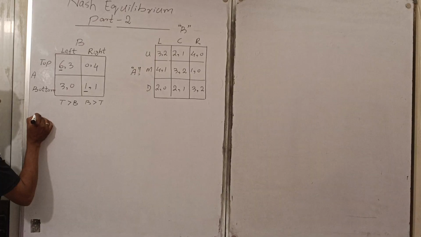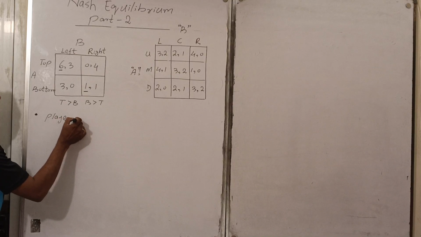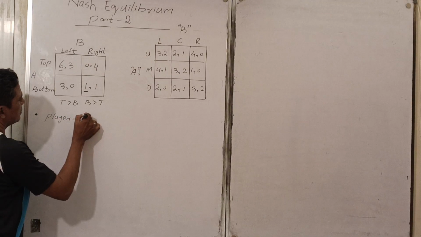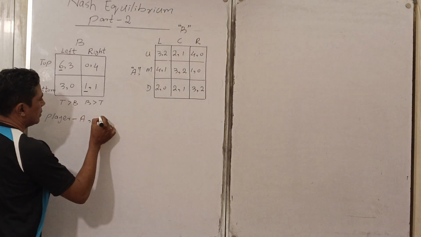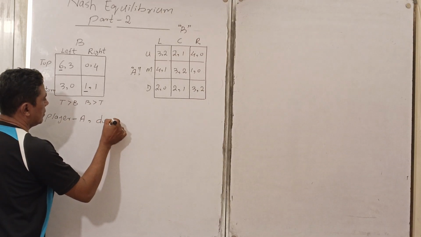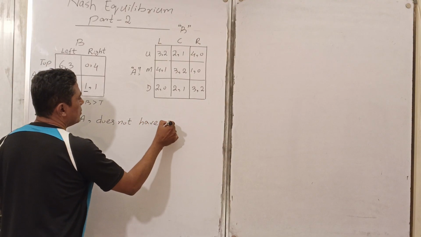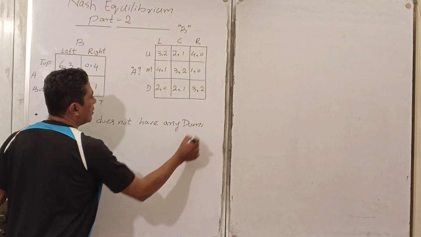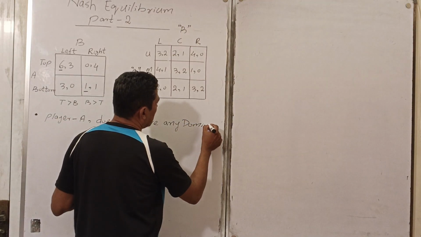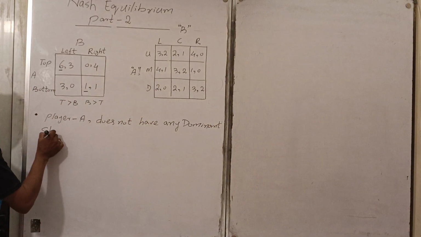So player A does not have any dominant strategy.